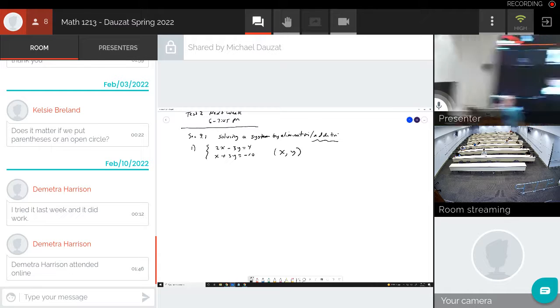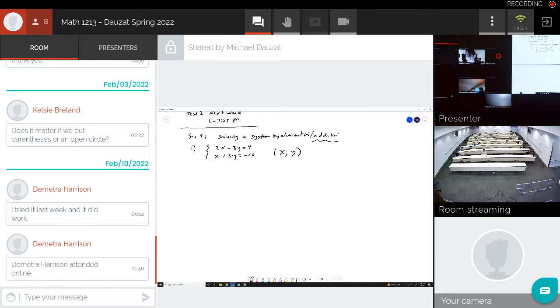All right, let's go through this again. To solve a system by elimination addition, at some point you're going to have to add those two equations. When you add the two equations, one of the variables will be eliminated. When I add them and combine like terms, what's 2x and x? 3x. What happens to the y terms?